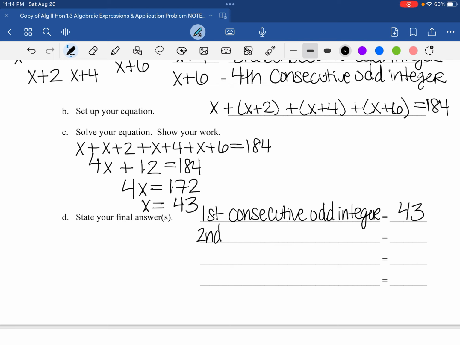From here, we need to figure out each of the remaining odd integers.